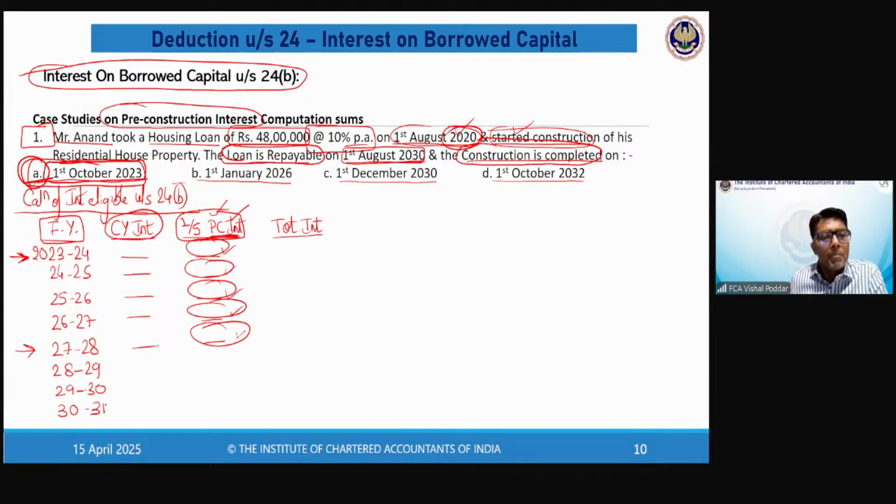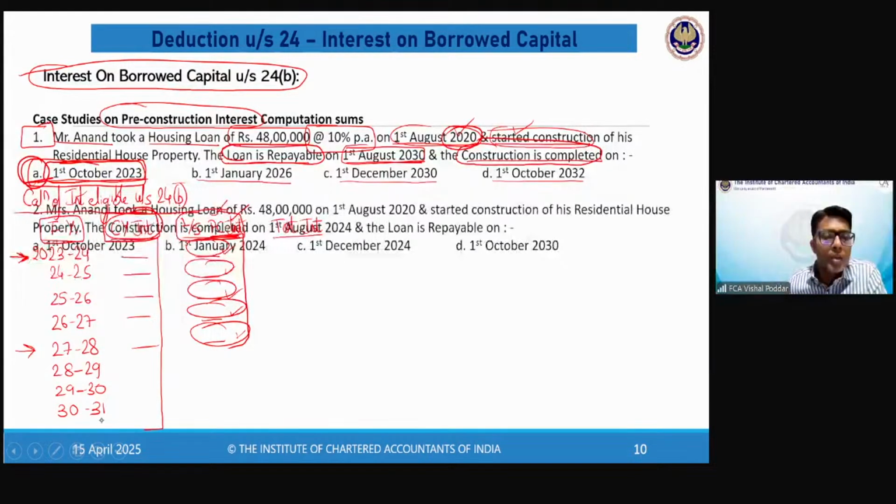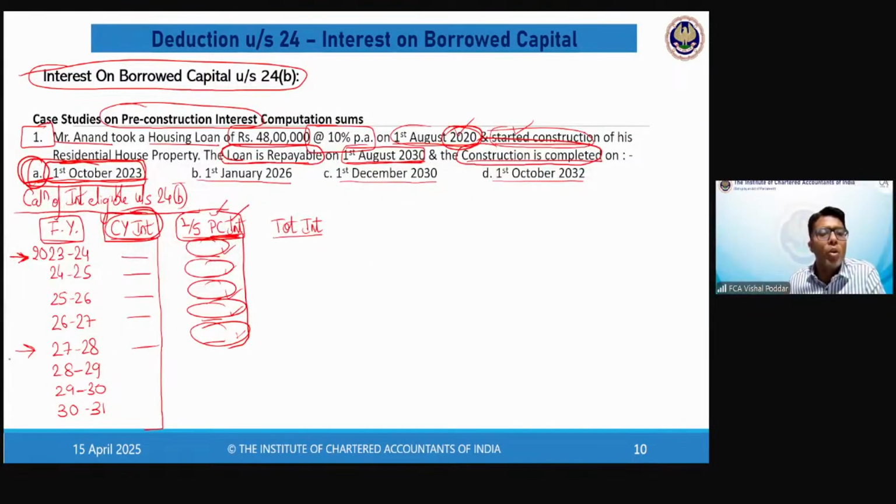So please understand, compulsory 5 years interest deduction would be there for pre-construction, and the current year interest may be less than 5 years or more than 5 years. That depends upon when your loan is getting repaid. So for current year interest, the last date would be the date of repayment of loan, which in my example is financial year 30-31.